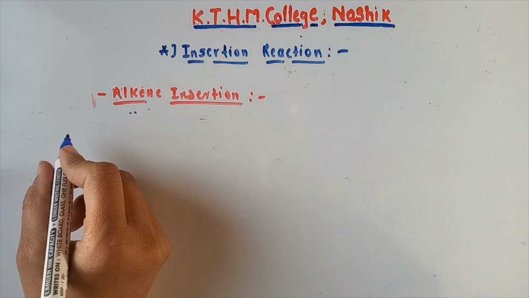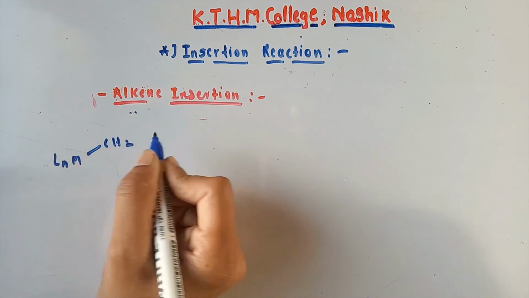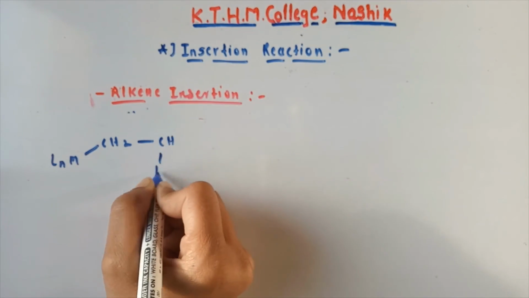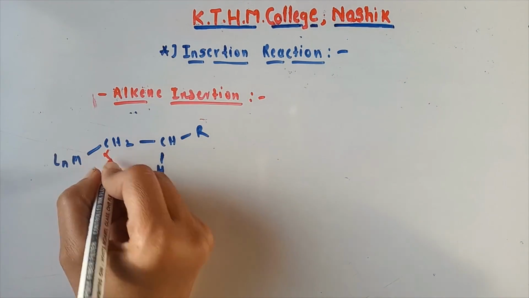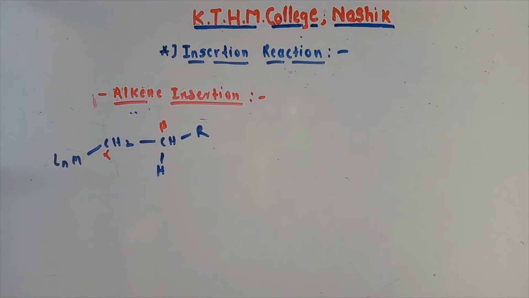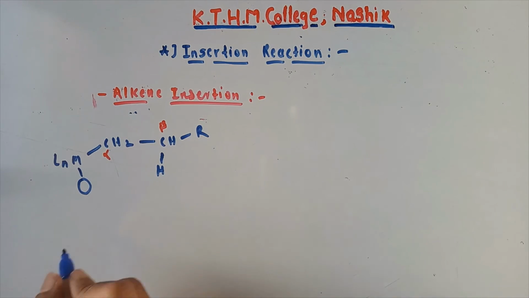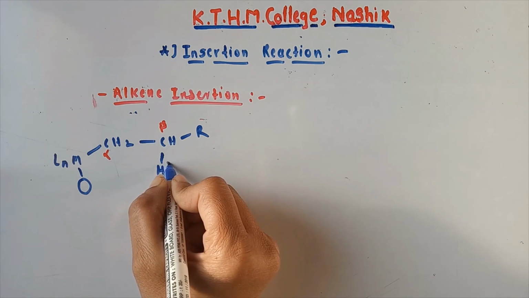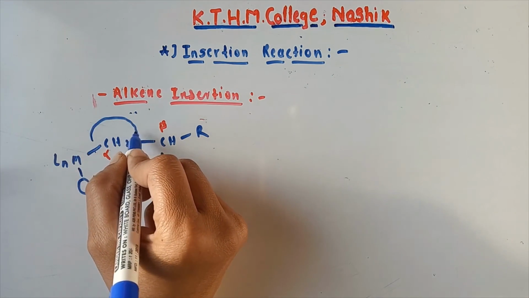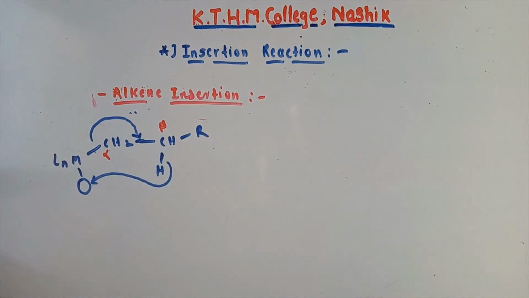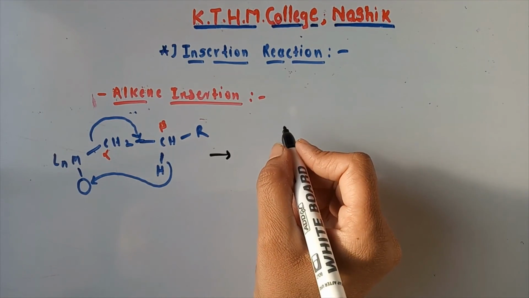What is beta elimination? If this is a complex LnM-CH2-CH(H)R, this is alpha and beta. This metal carries a vacant coordination site, so this hydrogen is transferred here and the metal-CH2 bond is shifted, which gives a transition state, but I do not show it here because there is no need.